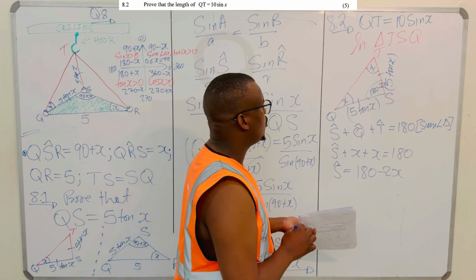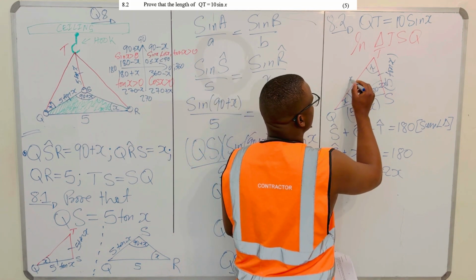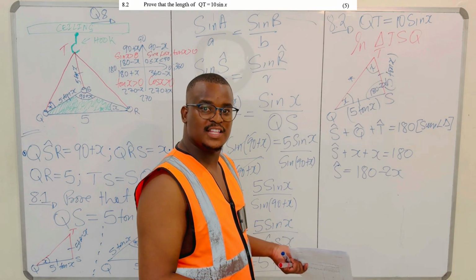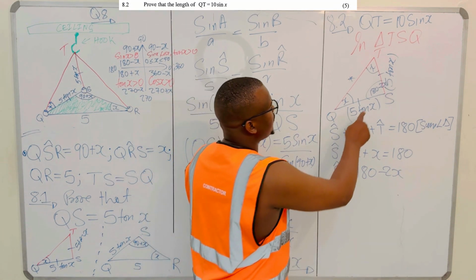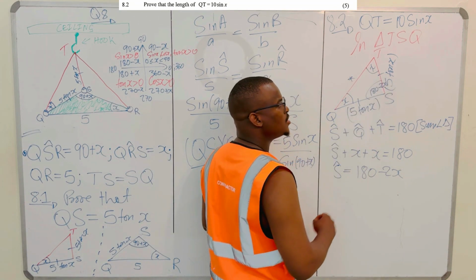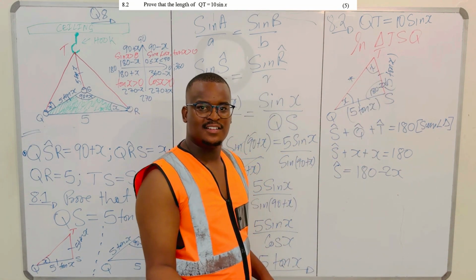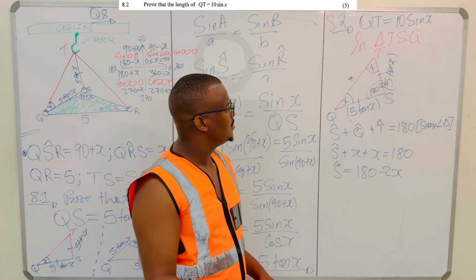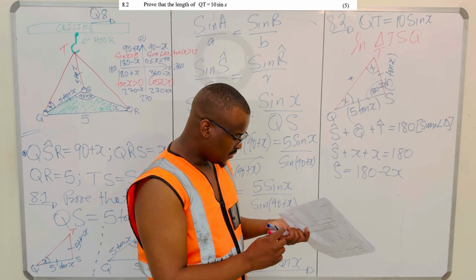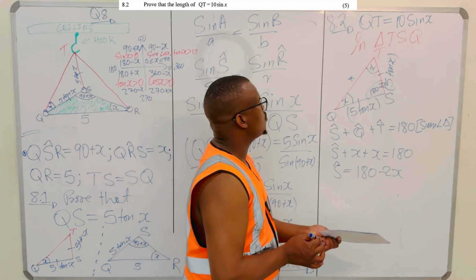So what are you looking for? You're looking for this side here, QT. You use the same sine rule as well, because you have an angle and you're missing a side. You have an angle, you have that side. You have an angle, you have that side, which is easy. So we can say, okay, use the sine rule.